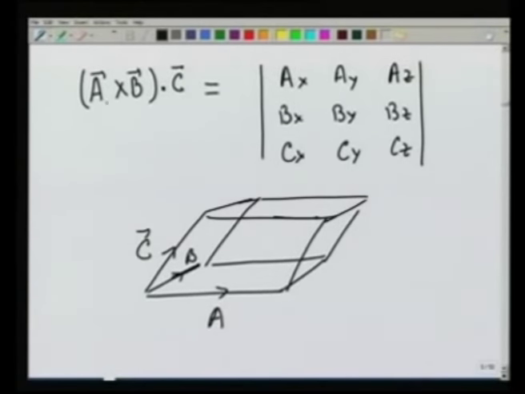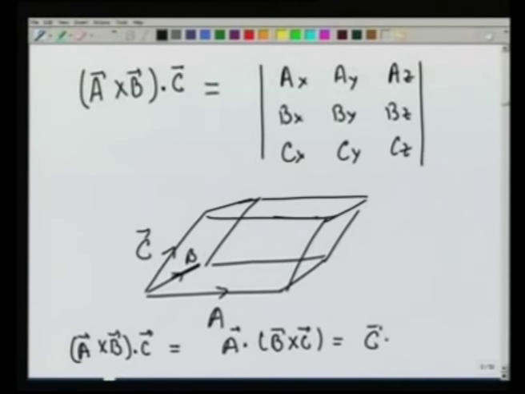Since I can write A cross B dot C in this determinant form, this also shows, since the determinant does not change if I change its rows twice, this is also equal to A dot B cross C. This is also equal to C dot A cross B, which is same as this.